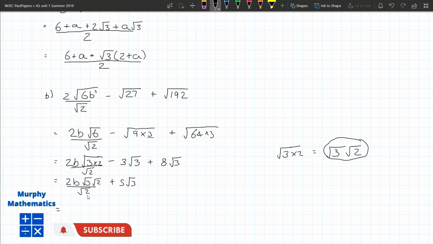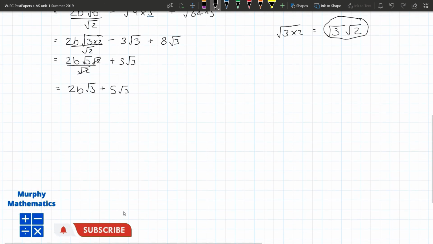Okay, and now my root 2's will cancel, so I've got 2b root 3 plus 5 root 3, and I can just take a factor of root 3 out. So that equals root 3 times 2b plus 5.